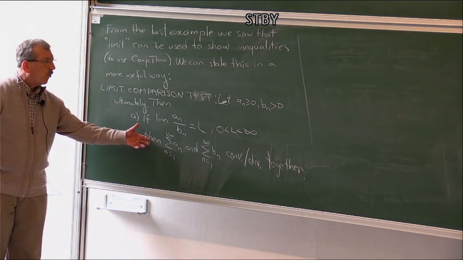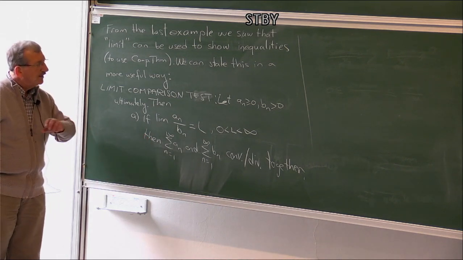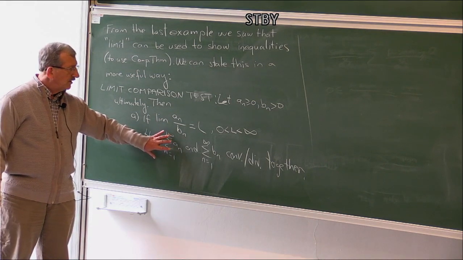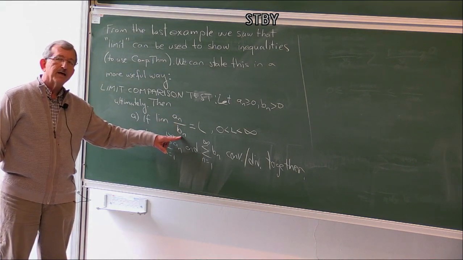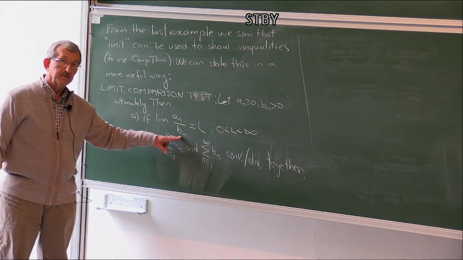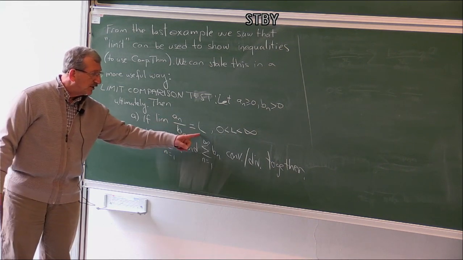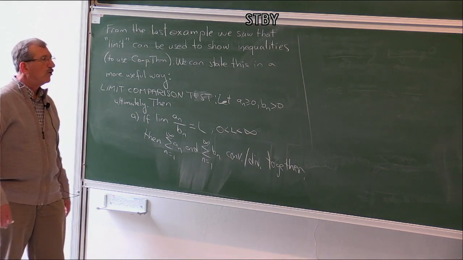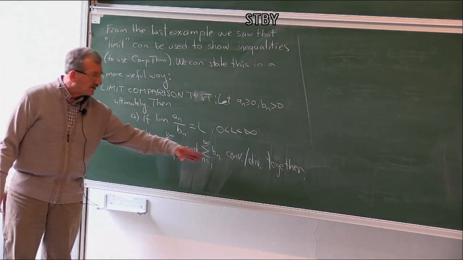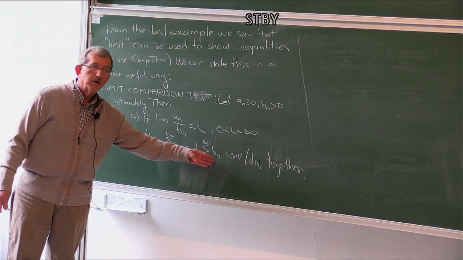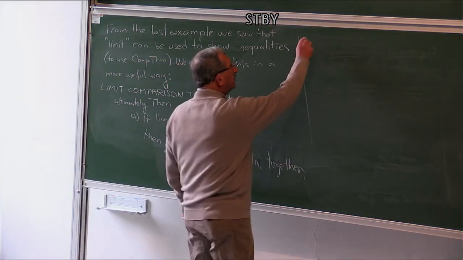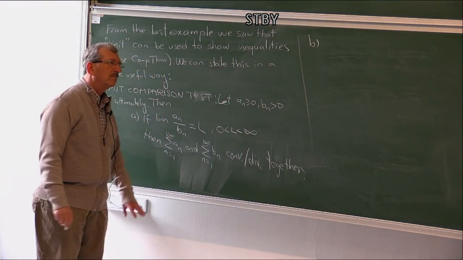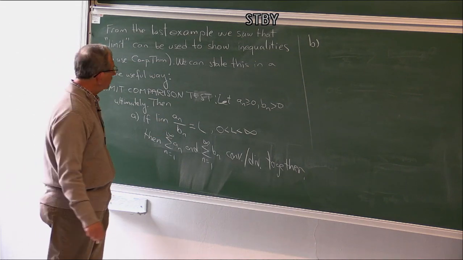Okay, this is quite useful in the sense that given an An series, if you can find a suitable Bn, which is simpler, and if you have such a limit, then you know you don't have to worry about divergence or convergence. It all depends on what Bn's do. The other cases can also be stated, but they are less useful in practice.